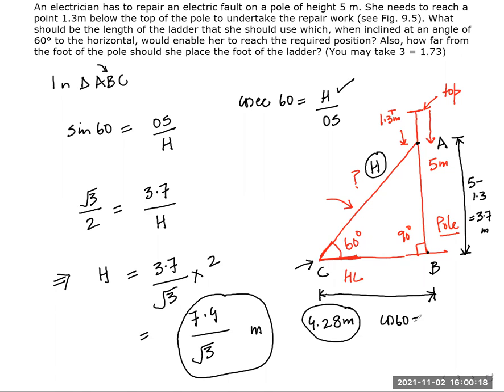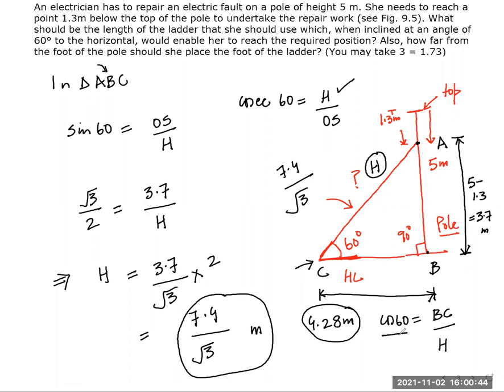Cos 60 is equal to BC by H. But for that, you should know H. H you already know, because this cos theta is BC divided by hypotenuse. Hypotenuse is already 7.4 divided by root 3.